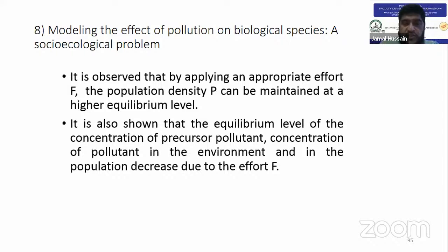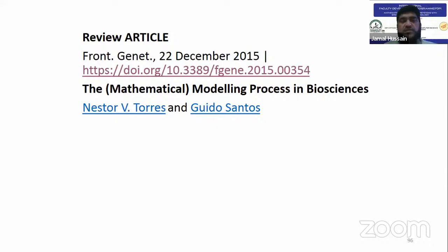It is also shown that the equilibrium level of the concentration of the precursor pollutant, that Q that I talked about, the concentration of pollutant in the environment and in the population decreased due to the effort F. That effort model is not here, I forgot to include it anyway. That will be another equation related to the control.